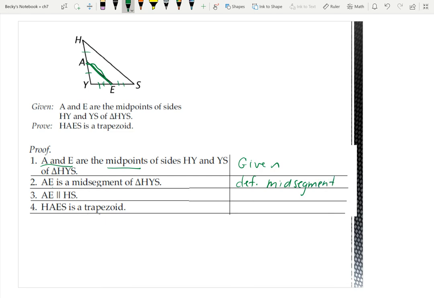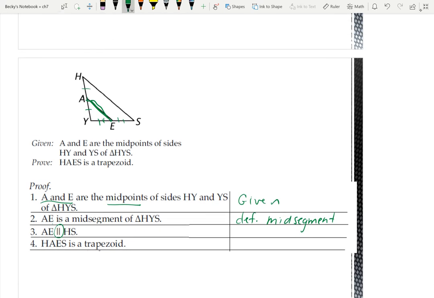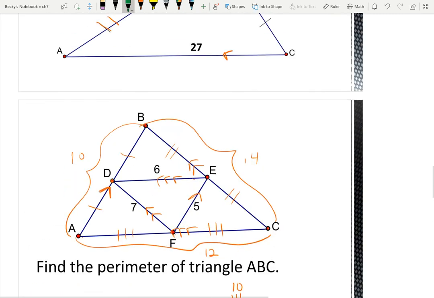All right, so now we need to prove that AE is parallel to HS. Now we have to know what that symbol means. That means parallel. Now, if this is a mid-segment, don't we know a rule from today that proves that these two would be parallel to each other? That's the mid-segment theorem. And again, let's go back and look at it.